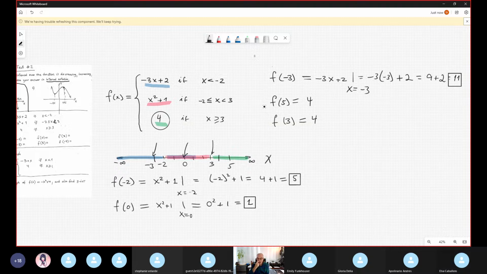Yes. And now evaluate negative 4. It's the last one. This is a typical question in the test, guys. So the next, negative 4, is here. And we have a process of selection. What piece do you select? The first, the second, or the third? What piece do you select? Show me. The blue.